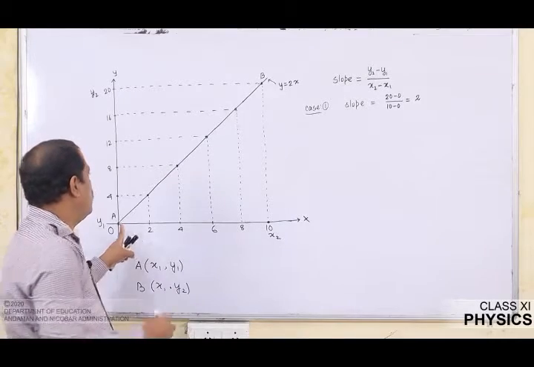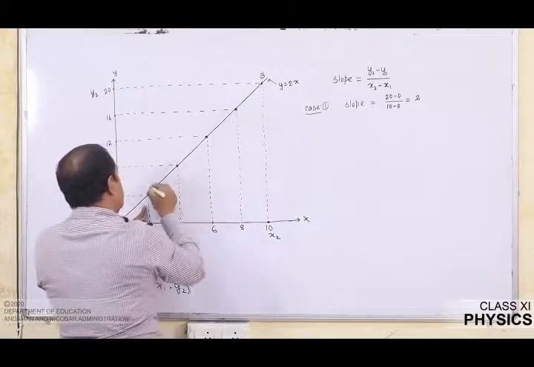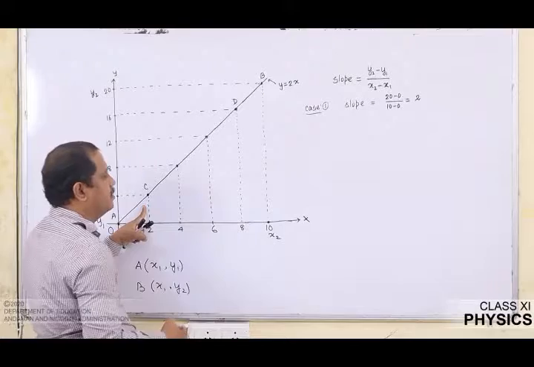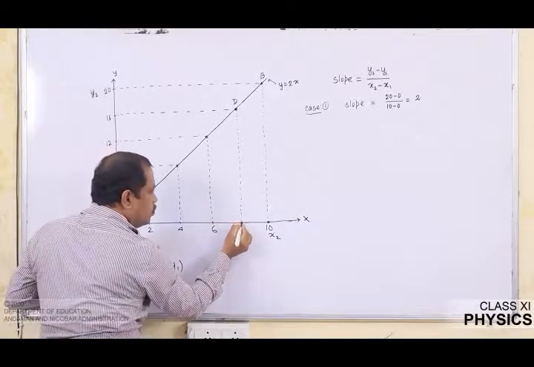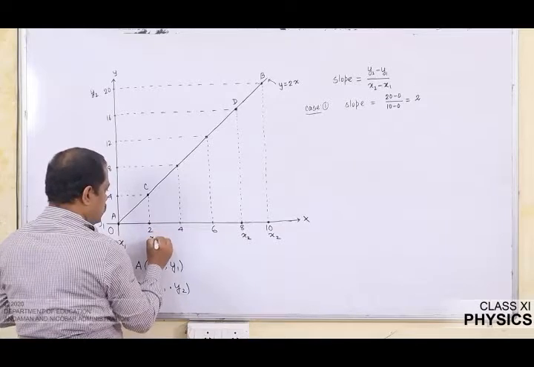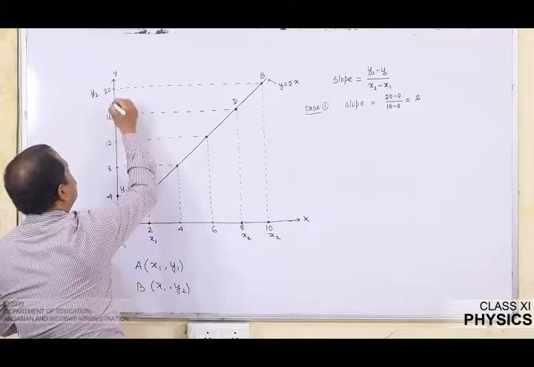Next, I want to calculate the slope between this point and this point. Say this is C, this is D. So, this will be my second case. In that case, this is x1, this is x2, and this will be y1 and this will be y2.